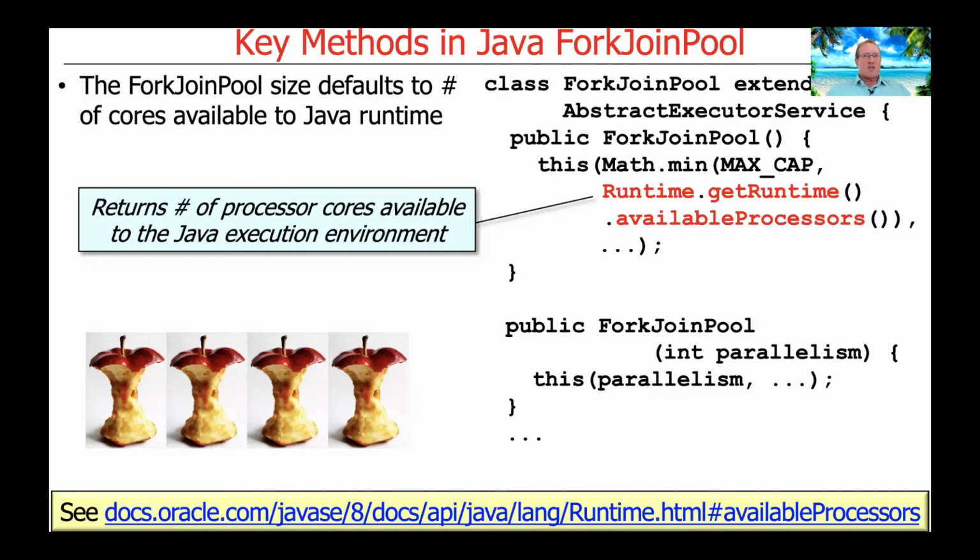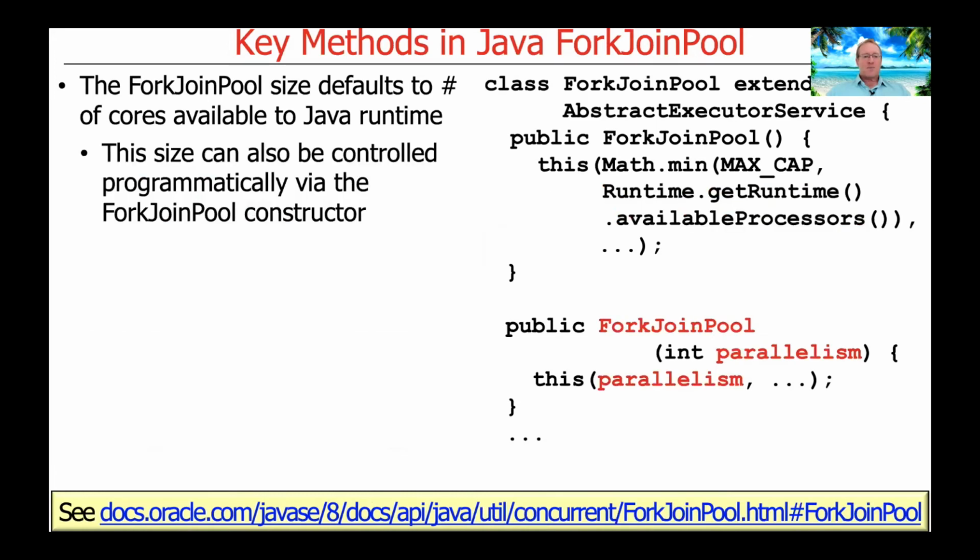And just as a little side note, it's important to realize these are virtual cores. So for example, on my 8-core machine that I'm running on right now, each of those cores is hyper-threaded. So the get runtime available processors method actually returns 16 cores, even though I only have 8 cores. There are 8 hyper-threaded cores.